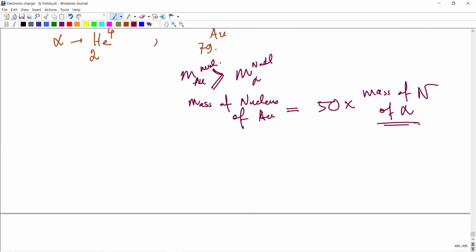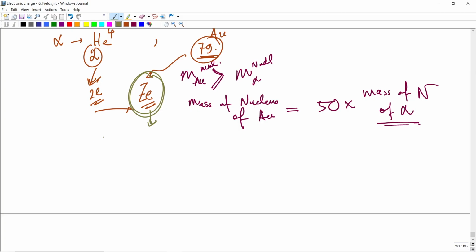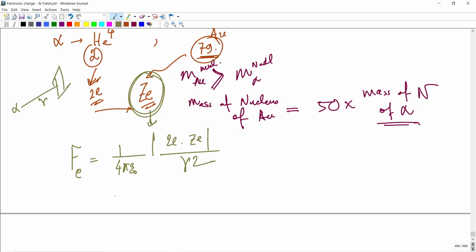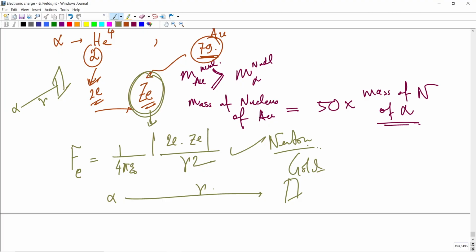The gold nucleus has charge Ze, here 79 electron charges, and the alpha particle has charge 2e, and both are positive. The electrostatic force is 1 over 4 pi epsilon naught, times 2e times Ze, divided by r squared, where r is the distance between the alpha particle and the gold foil. Only the magnitude is needed. The force is in Newtons.